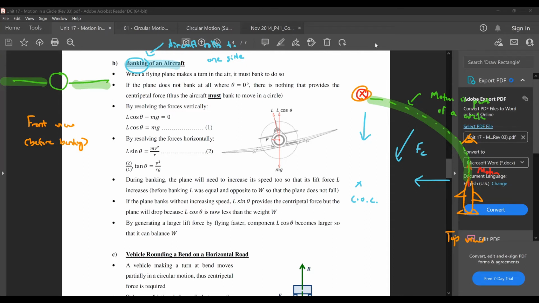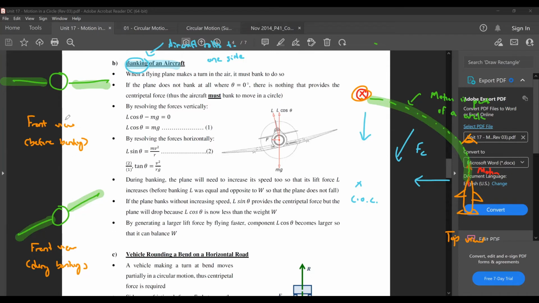But when it starts to bank during the part where it wants to move in a circle, it will now look like this. Your wings are tilted towards one side. It's actually rolling to one side. So this is the same aircraft, but banking. This is the front view during banking. You notice that your wings are tilted right now, at a certain angle.